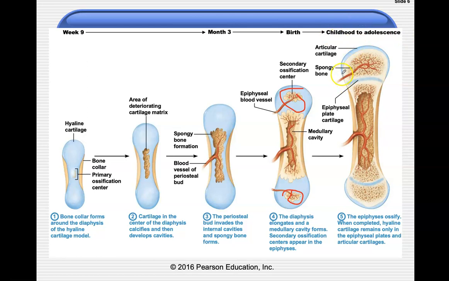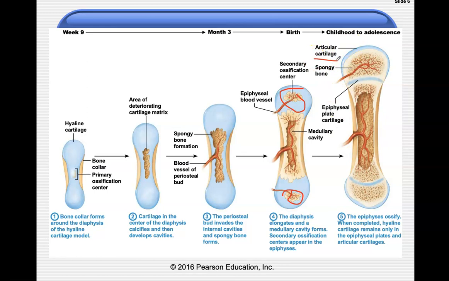And so you'll see there will be a layer. So as the secondary ossification center expands, it will end up leaving just a thin layer of articular cartilage, hyaline cartilage, on the outside of this epiphyses. And that's going to form the articular cartilage.